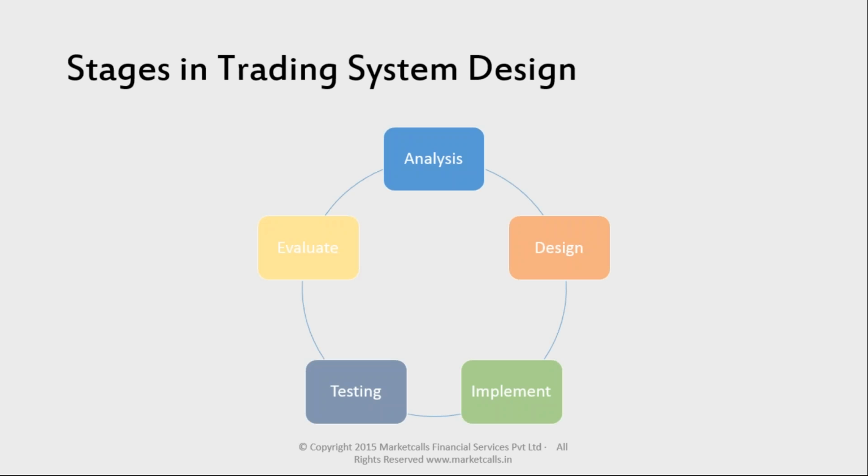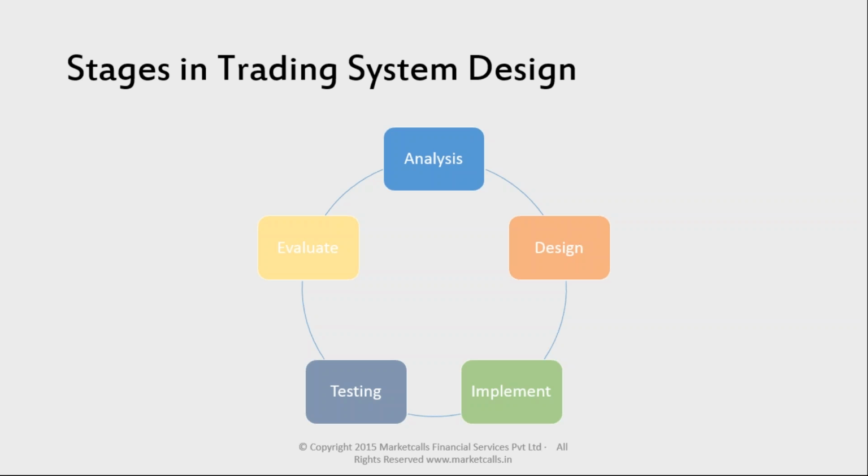So there are various stages we focus on while doing trading system design. First we'll get into the analysis mode, and we'll try to convert our trading thoughts into plain English, and then from plain English to mathematics, right?